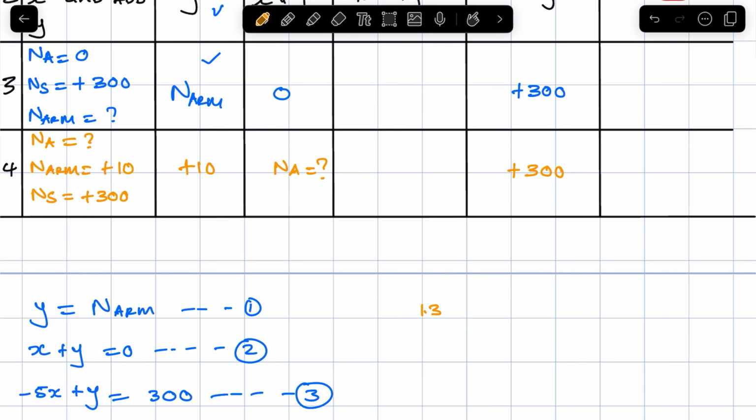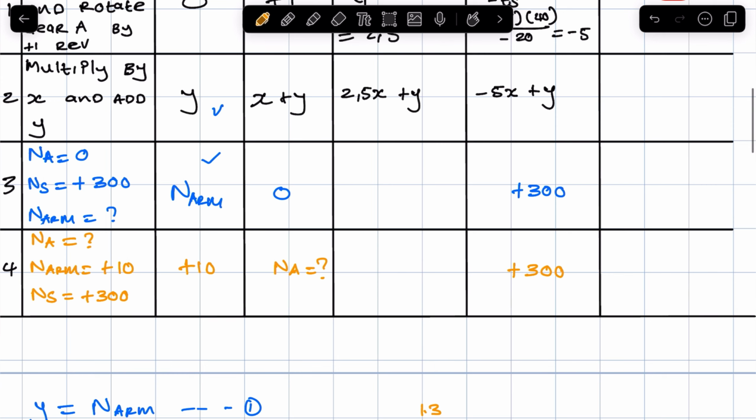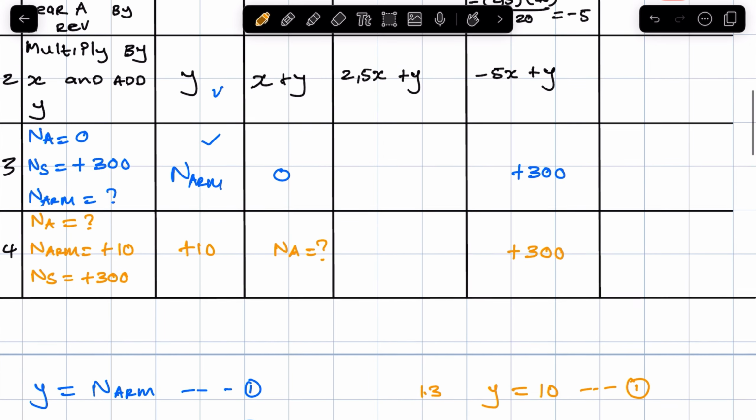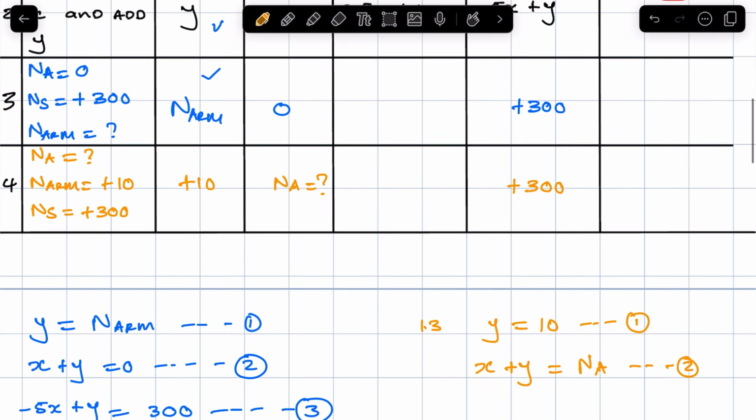Now we equate the second condition to the fourth condition. So we have y is equal to 10. Take this as your first equation. Then x plus y is equal to NA. Take that as your second equation.